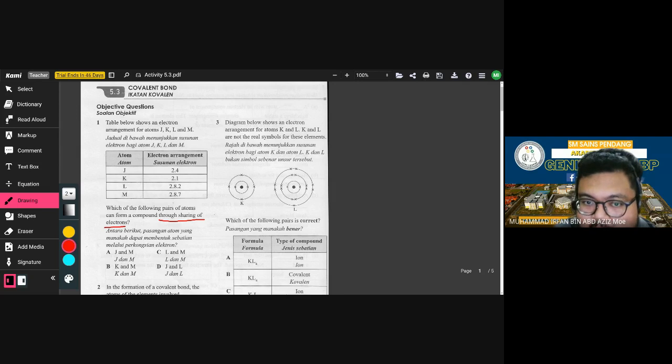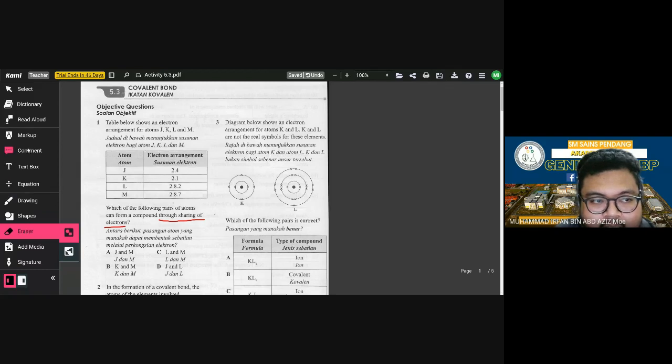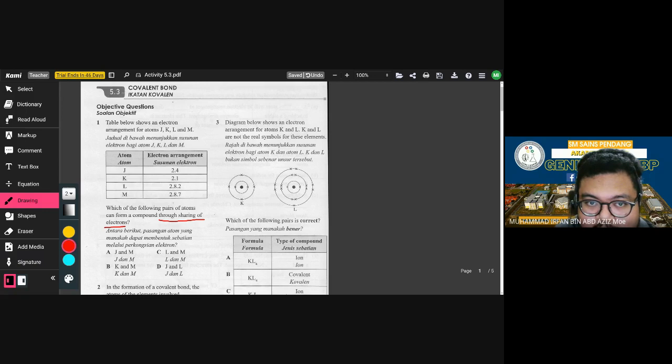If the electron arrangement, dia punya valence electron is greater and equal than 4, it must be non-metals. This is for main group only. Group 1, 2, 3, 14 until 18.